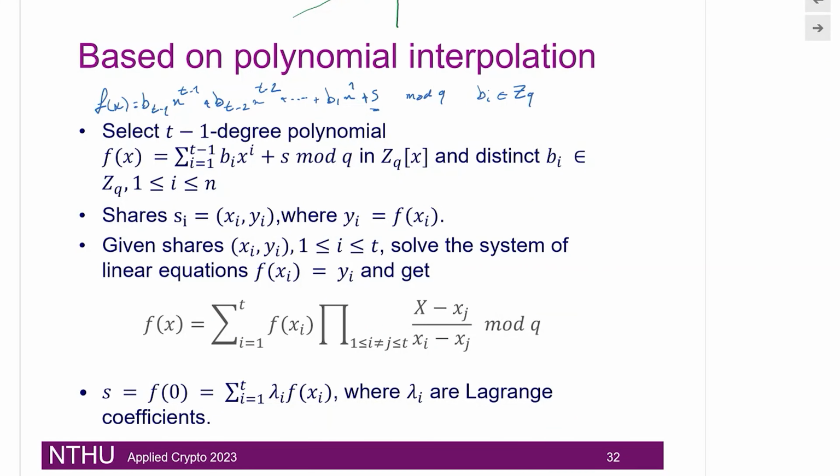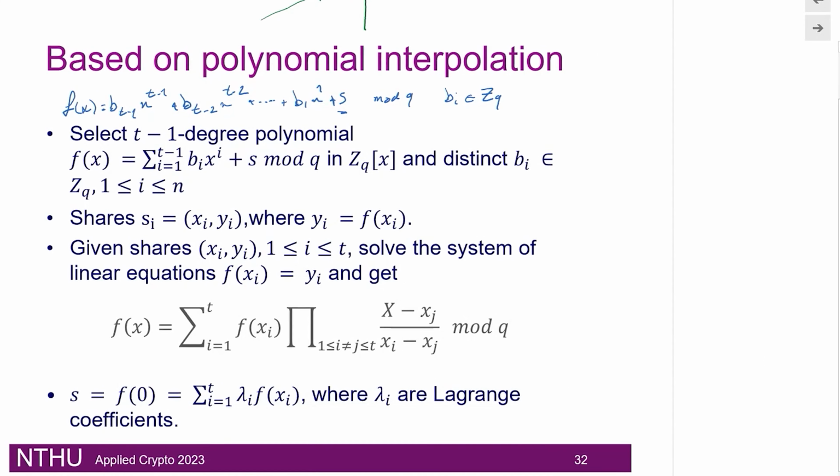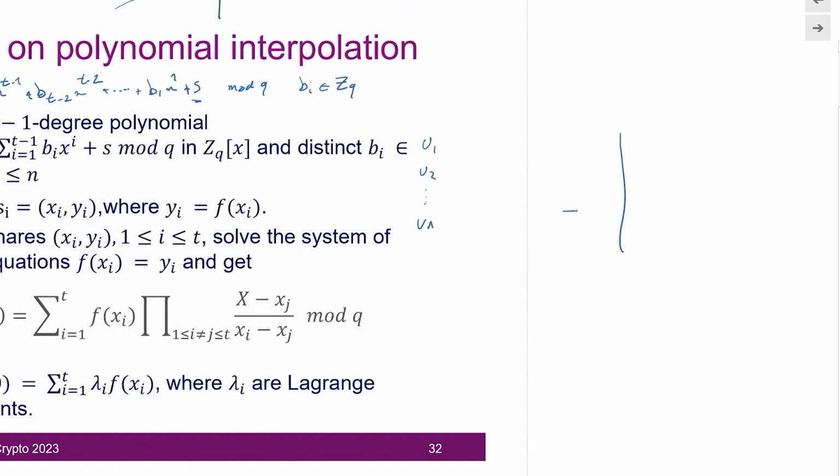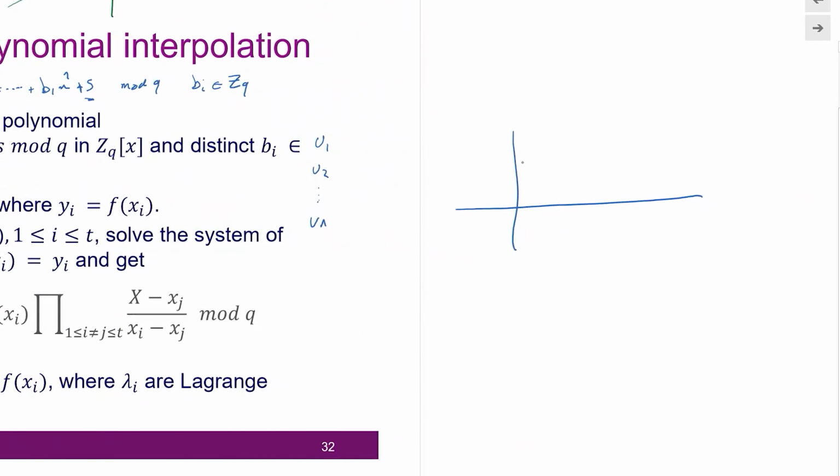The second thing is that for every user in our system, we are going to give some share of the secret key, and this share for user i would be x_i and y_i. So you have user 1, user 2, all the way to user n, and suppose this is the polynomial that we have just created, f of x.